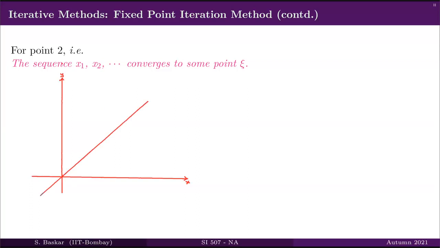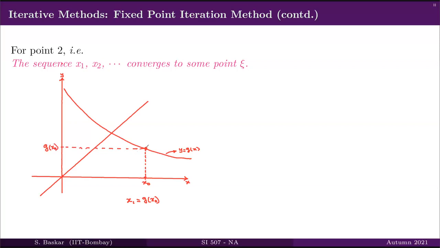Let us first draw the graph of an iterative function g for which the corresponding iterative sequence converges. Let us take the initial guess x naught here, and what is our x1? x1 is going to be g of x naught. Now let us see how to obtain x1 on this graph. Observe that g of x naught is this point, and it lies at this point on the y-axis.